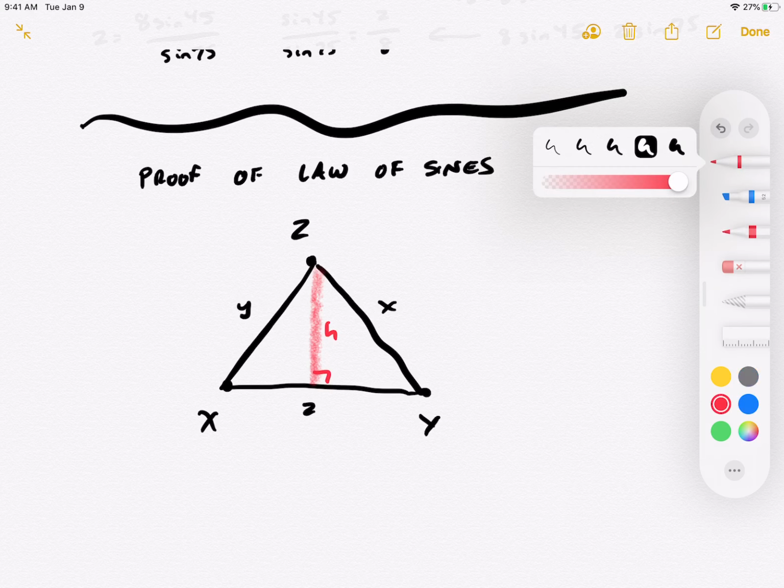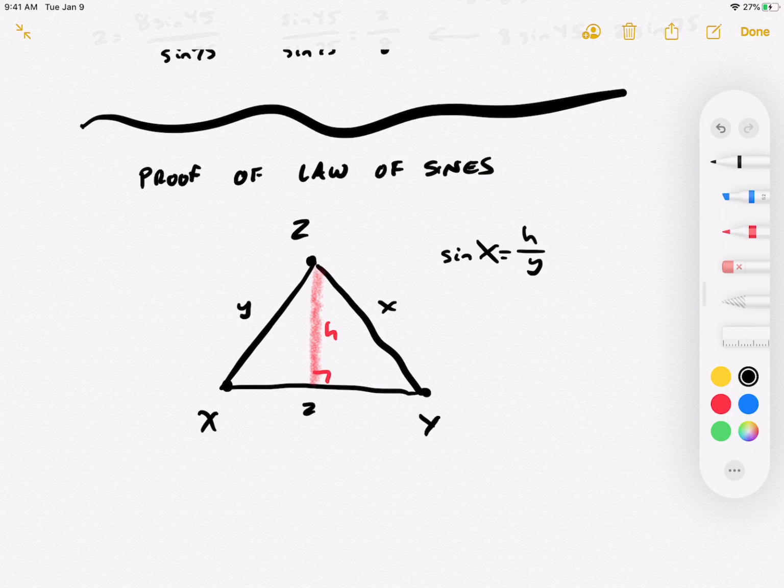I've got a right triangle, so I can say that the sine of angle x is equal to h over y. And then looking at the triangle on the right-hand side, I can say that the sine of angle y is equal to h over x. And that means h equals y sine x, and it also means h equals x sine y.